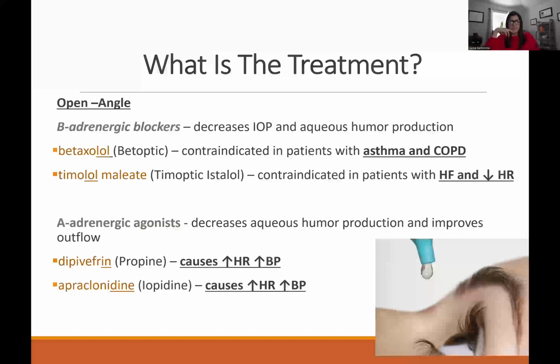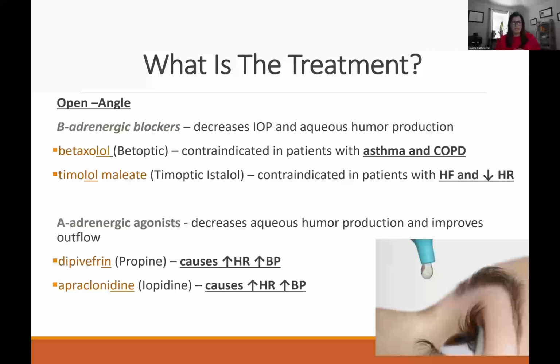The names are long and hard to pronounce, but I listed them here. You can read them. However, they're contraindicated in asthma and COPD patients, or patients who have heart failure or decreased heart rate, because it can affect the heart rate a little bit, not systemically and severely.